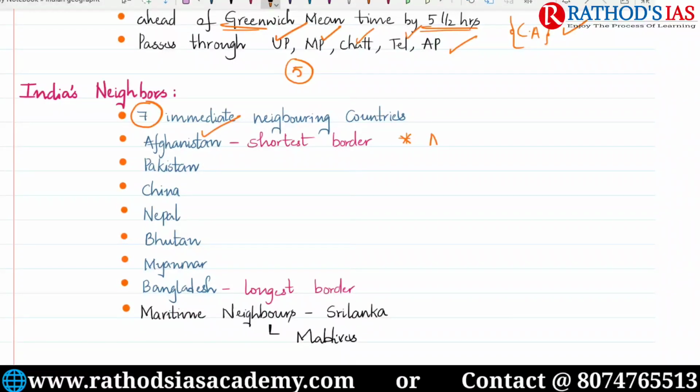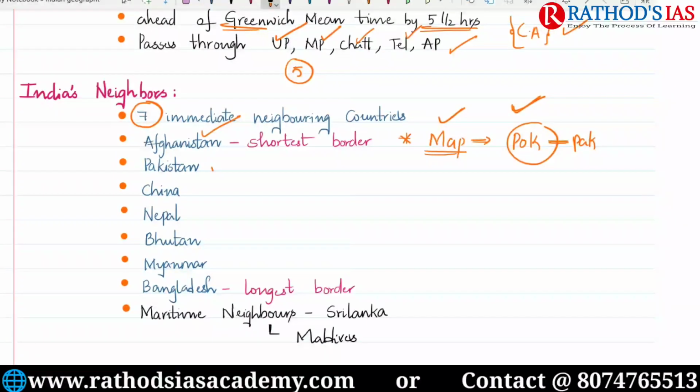Yes, if you see on the map, India is sharing boundary with Afghanistan, but it comes under the Pak occupied Kashmir region. So this Pak occupied Kashmir region is under control of Pakistan now. So on the map, yes, we are sharing a boundary of 1 or 2 kilometers, but it comes under Pak occupied Kashmir. Okay, so I hope this is also very much clear.